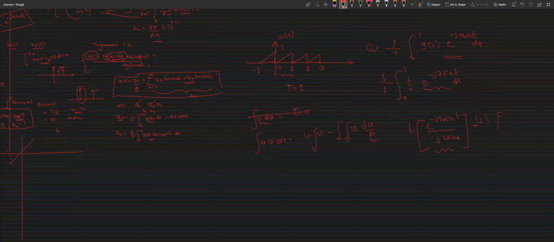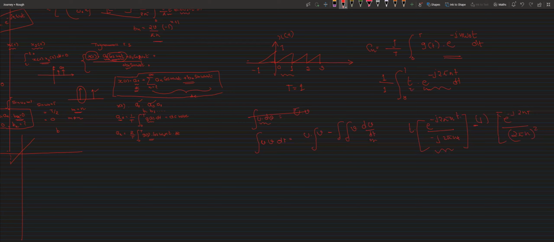So again I have to integrate it twice. That is e power minus j 2 pi n t by this will become a square, right? j square is minus 1, and minus 1 it will become plus 1, and again minus of square it will be same. So it will become 2 pi n whole square.